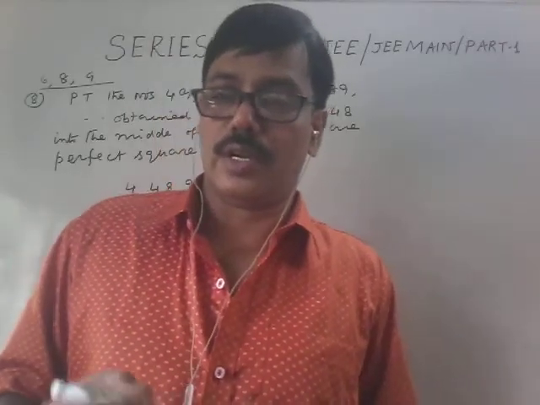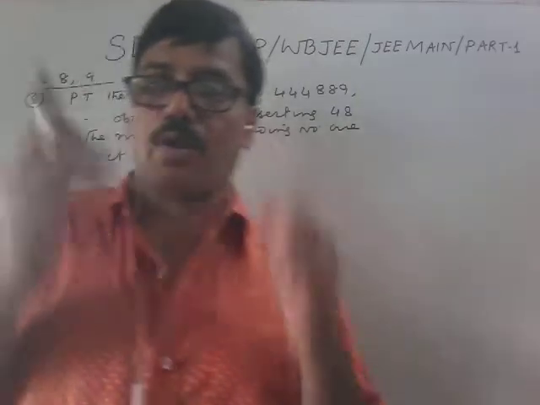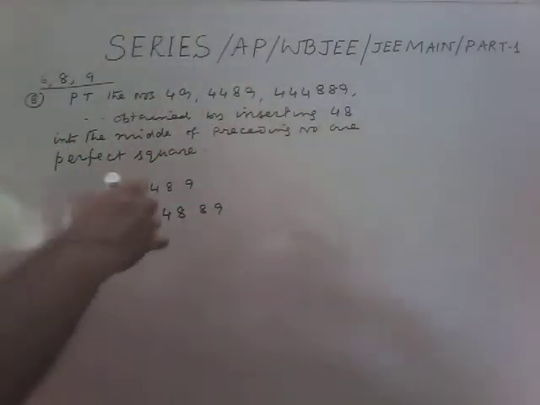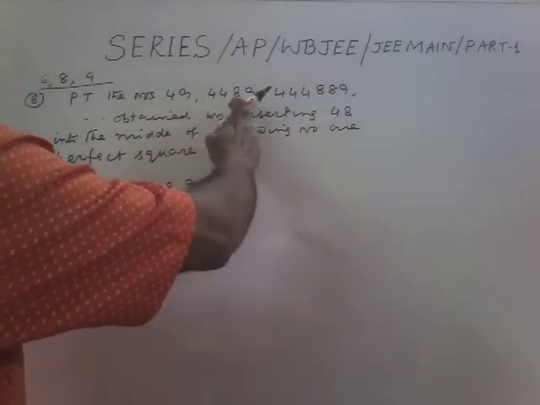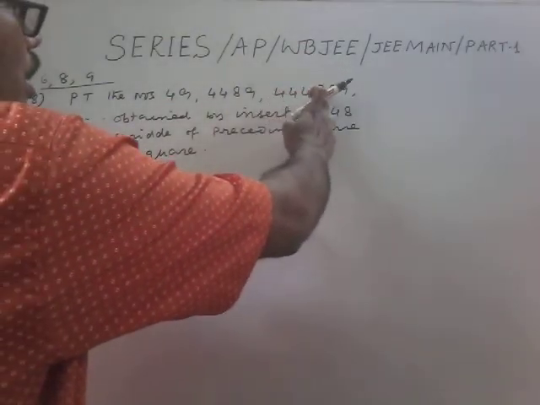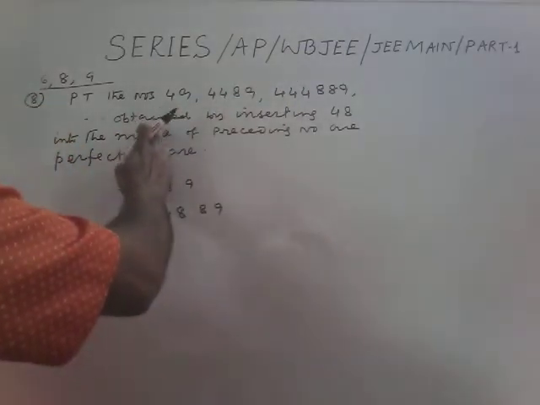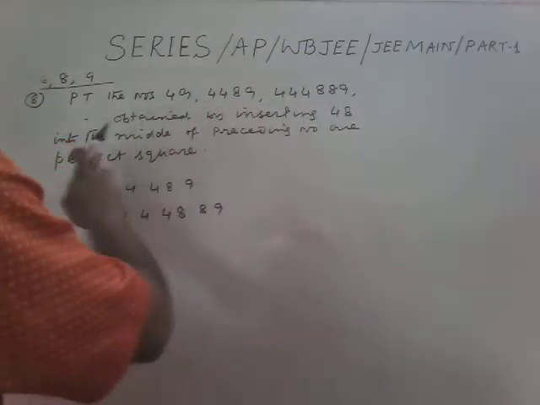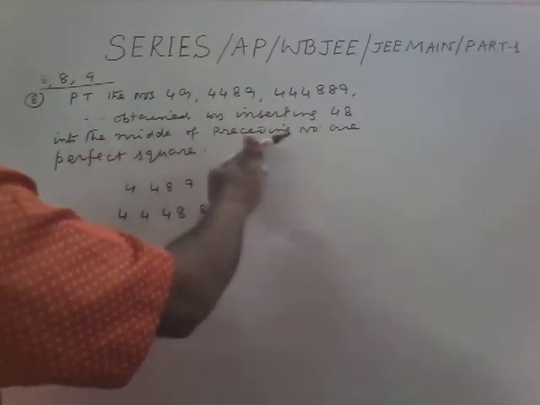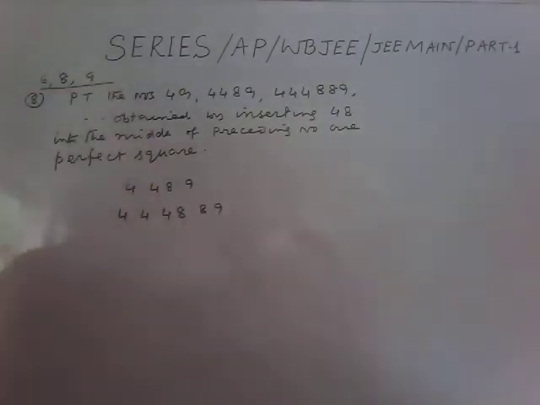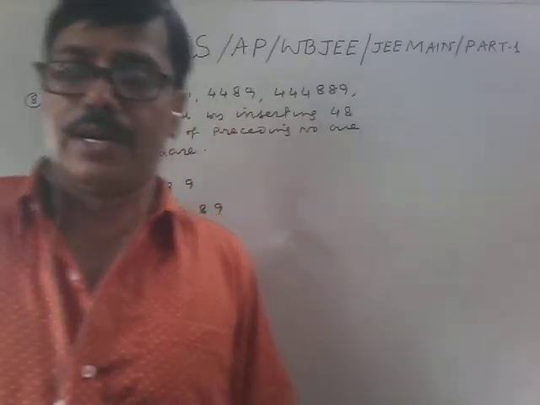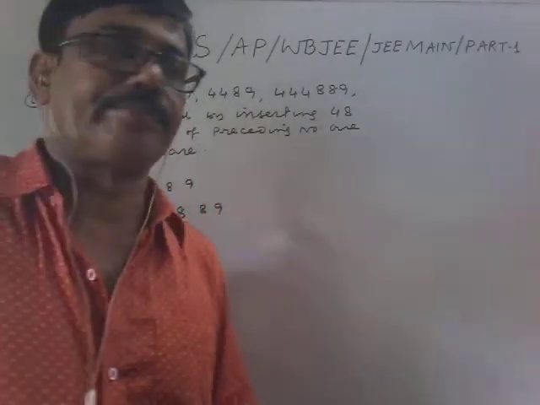Now we consider one typical problem. Prove that the numbers 49, 4489, 444889, obtained by inserting 48 into the middle of the preceding number, are perfect squares. The numbers obtained are perfect squares.